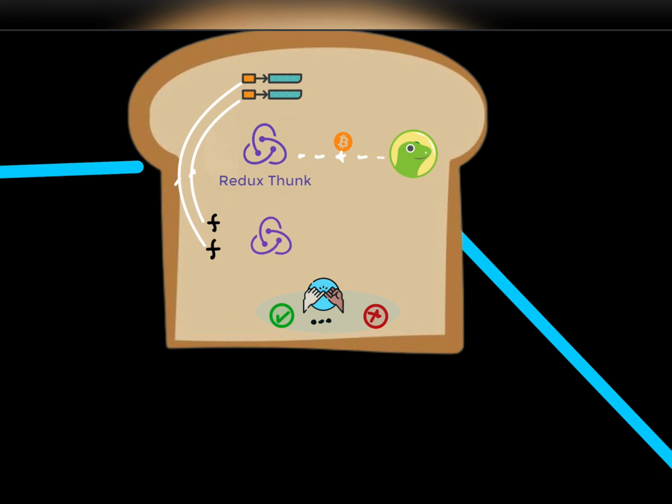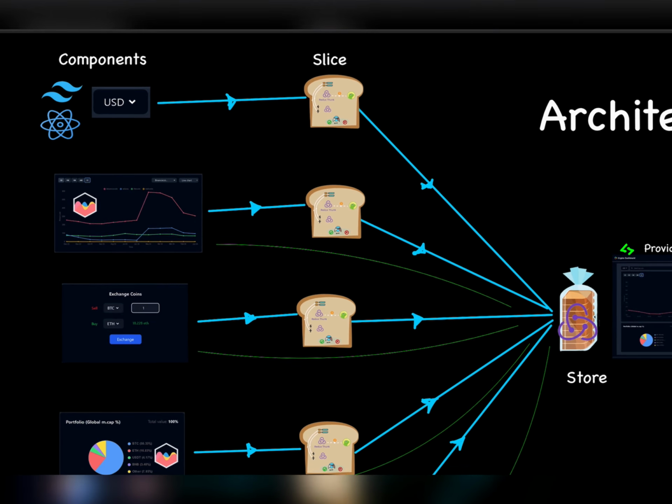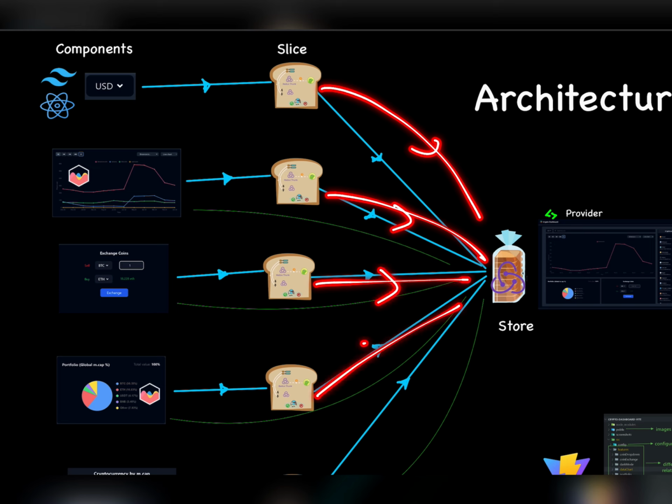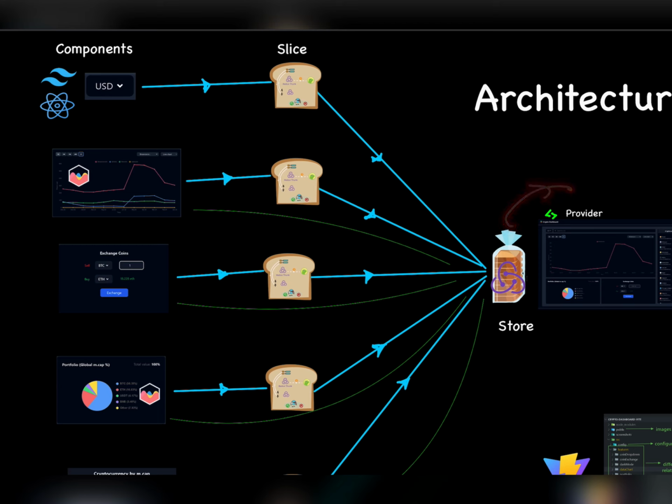This is how the individual slices work, and they are actually similar to a slice of bread, which is the single entity, and the store is like the entire pack of bread, which is bundling up all those slices and manages the state at the central level. If we provide our state to the entire application, then we can access the state variables and also the action creators elsewhere in our application.